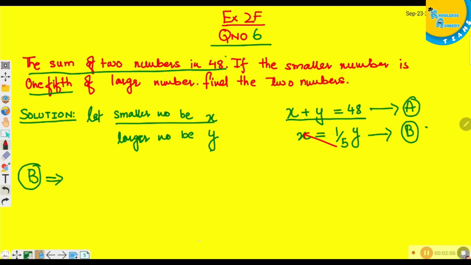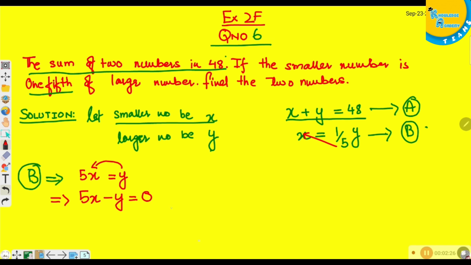Cross multiply. That means 5x is equal to y. Now in regular form, this y will go on the other side and become minus y, so 5x minus y is equal to 0.